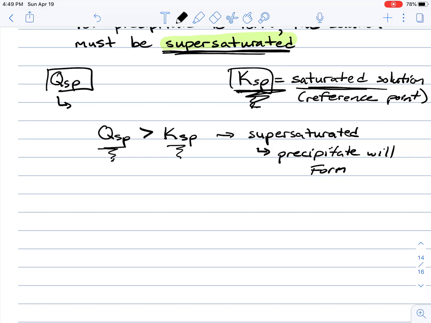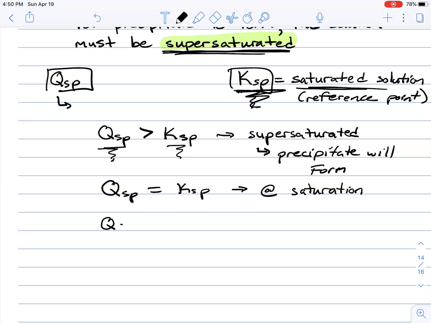Let's go ahead and look at the other combinations. If Qsp is equal to Ksp, then you are at saturation, so your solution is just saturated.